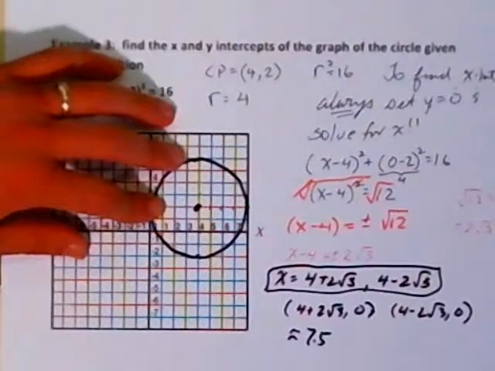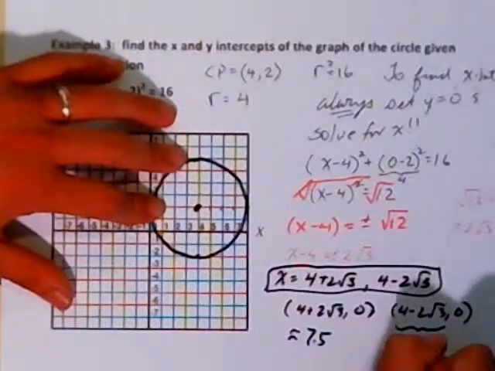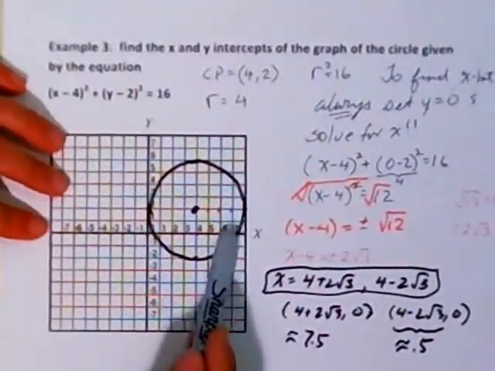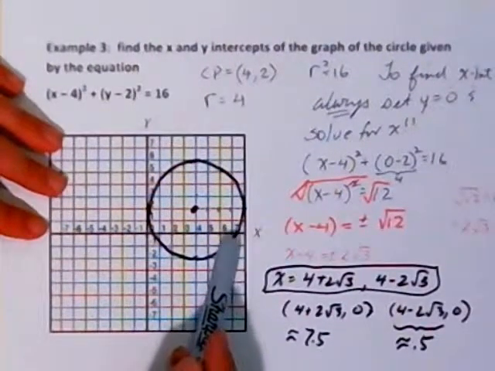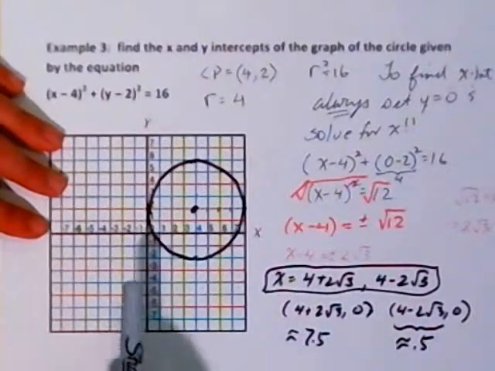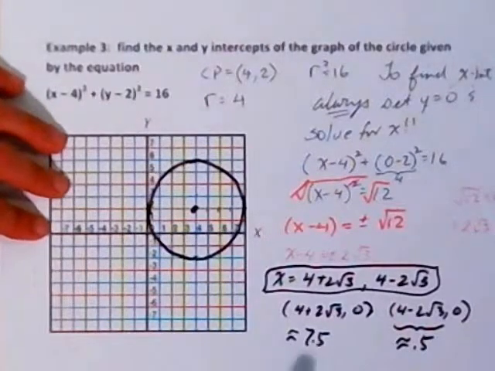And we get 0.50. That's going to be approximately 0.5. So you notice where it crosses the x-axis right over here, it's about 7.5, very close to it. And of course this is going to be about 0.5, 1/2 from 0 to 1. Okay, so that worked out pretty good.